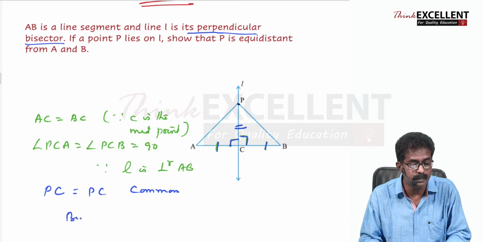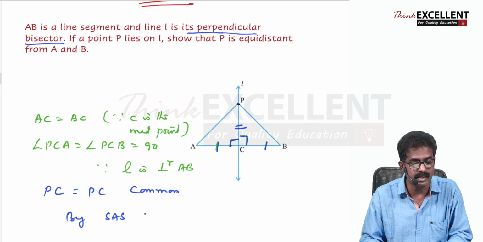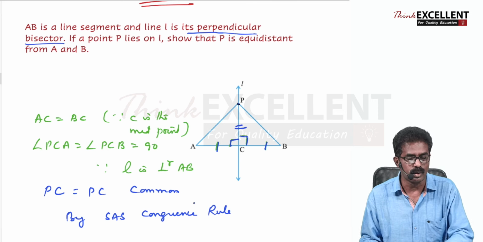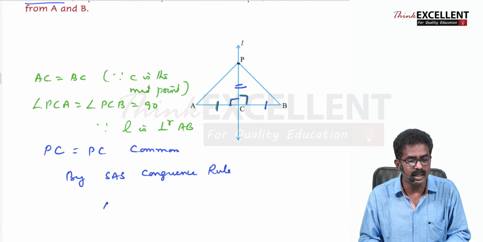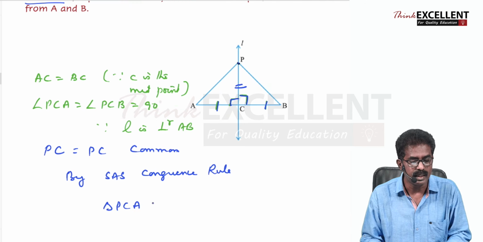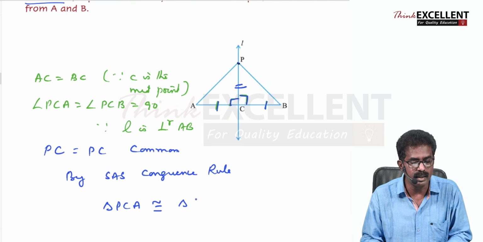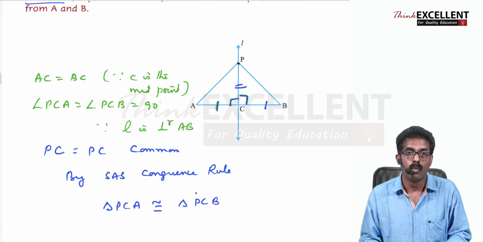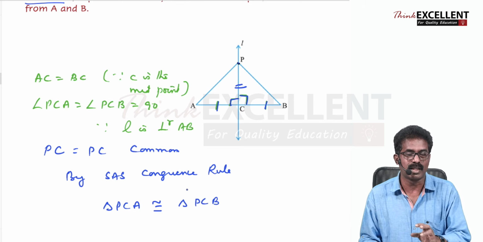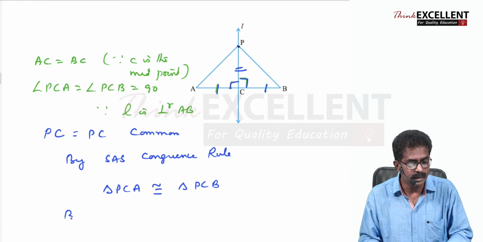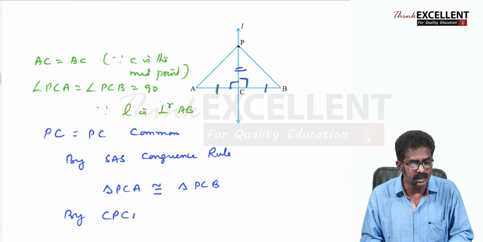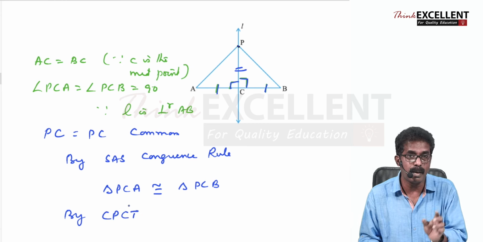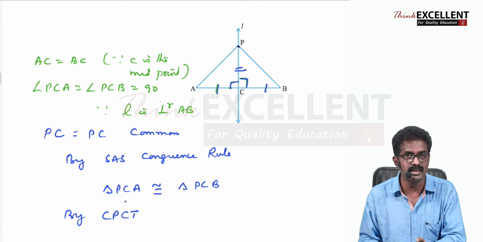So by SAS congruence rule, these two triangles are congruent. Which two triangles? Triangle PCA is congruent to triangle PCB. Once the two triangles are congruent, by CPCT, corresponding parts of congruent triangles are equal.